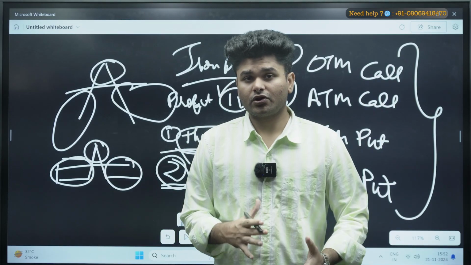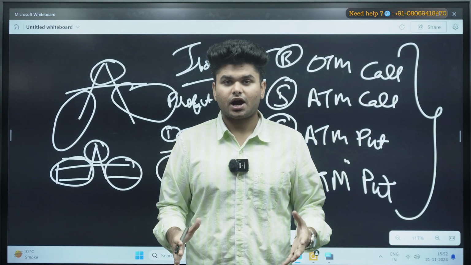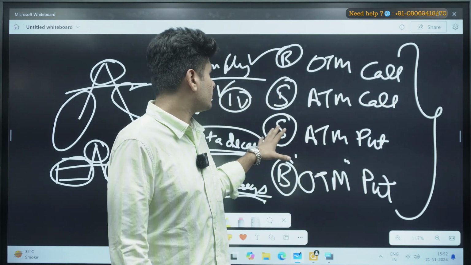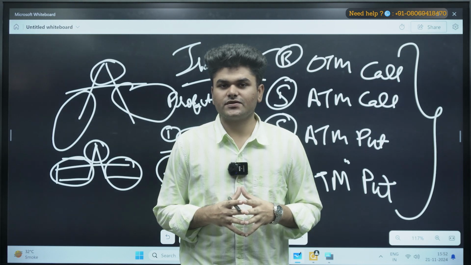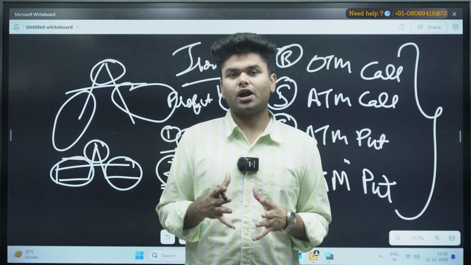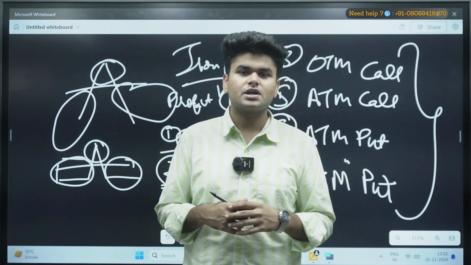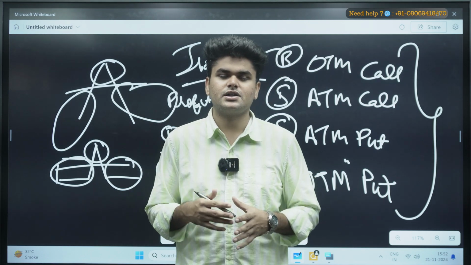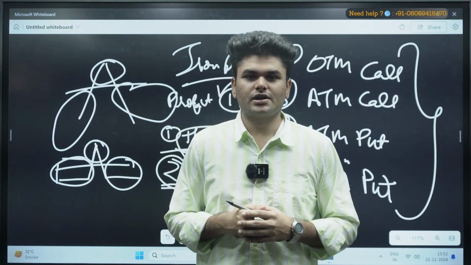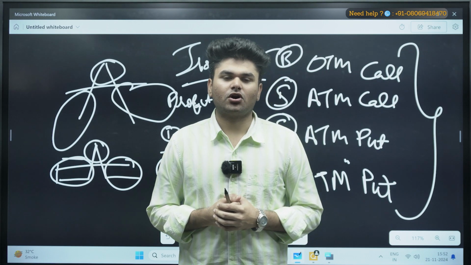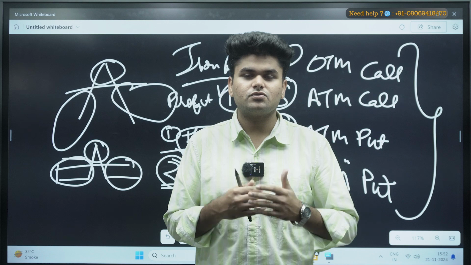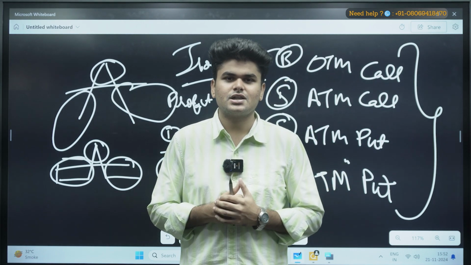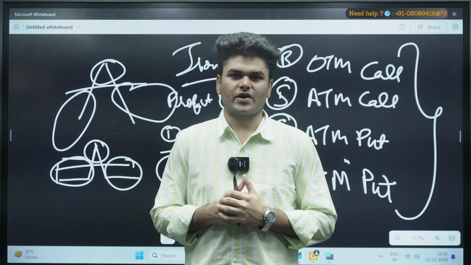So before we move on to the next strategy, I need to tell you the important point of this Ironfly: you need to initiate such strategies when the implied volatility is at lower conditions, like pre-event, let's just say pre-release of some kind of information, or if there is any kind of news coming, you can use it before that, so that is the time it can be most effective.